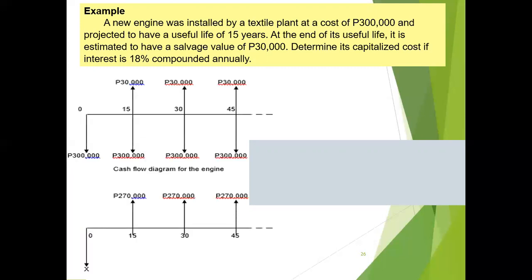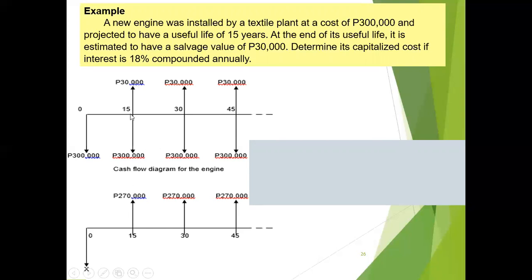So here's our cash flow. First, you have an initial investment of 300,000 for your new engine. At the end of 15 years, you have a salvage value of 30,000, and then you buy another engine for 300,000. Then same for the next 15 years and the next 15 years.